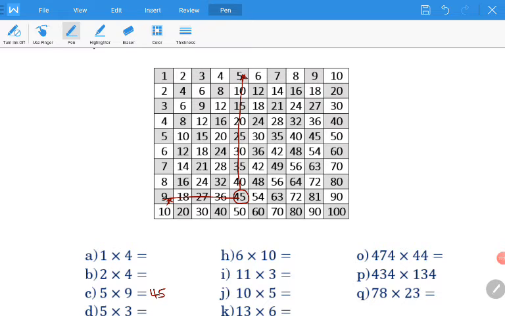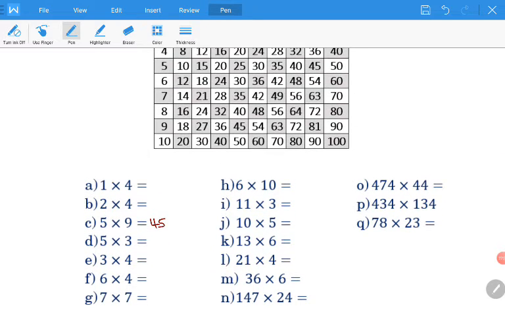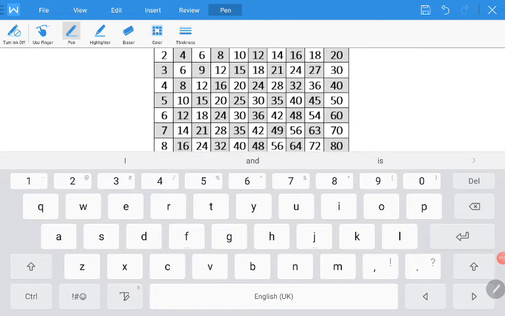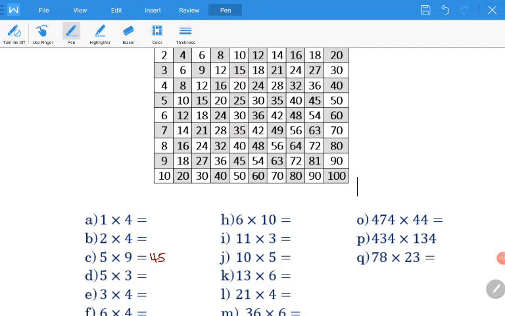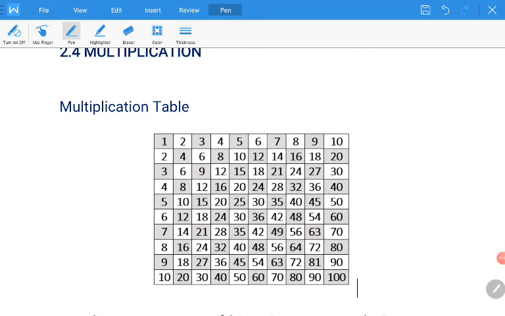All right, we will look at another one, which is question E. Question E is saying 3 times 4.